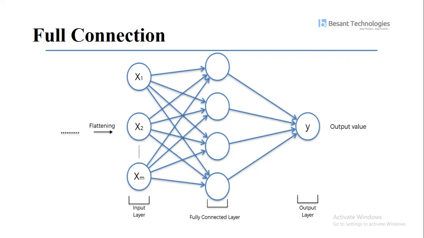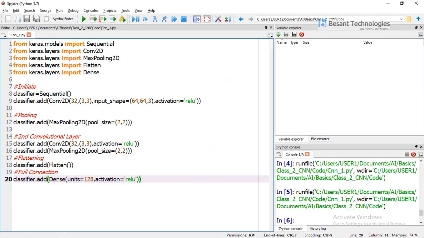So for this we need to first apply our input layer. This is nothing but completing our ANN. So now we just created our CNN. Now we are going to make our artificial neural network to predict how your image is going to be handled. So from that perspective, we will create our full connection. Classifier.add Dense.